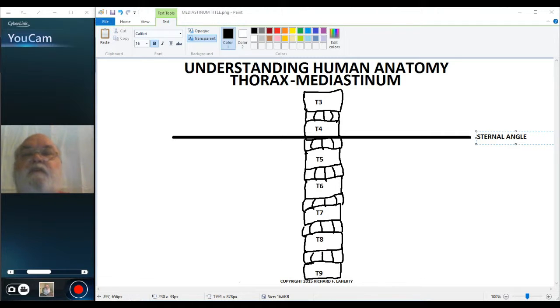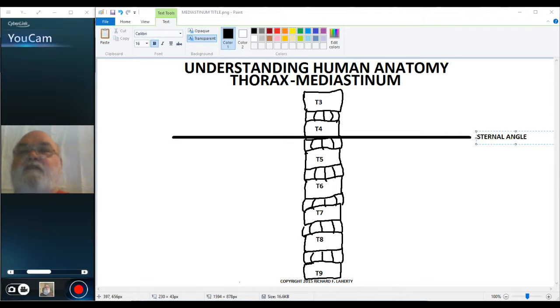Now, one must remember that the exact position of the organs in the thorax, and in particular in the mediastinum, change locations in the superior-inferior direction with respiratory movements.